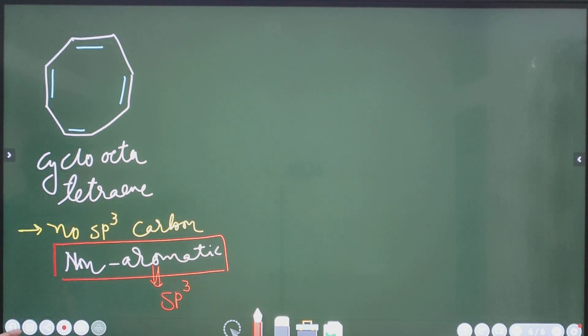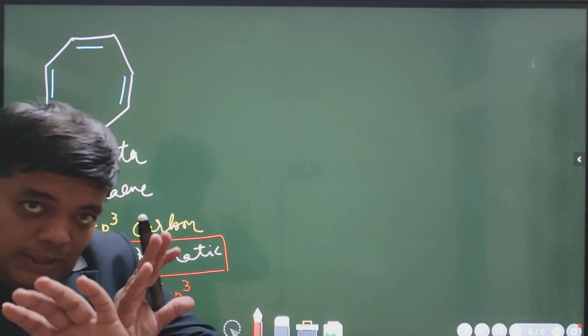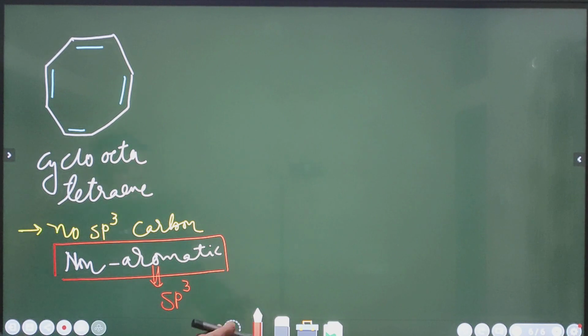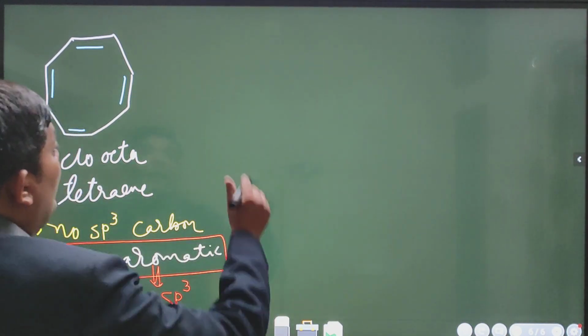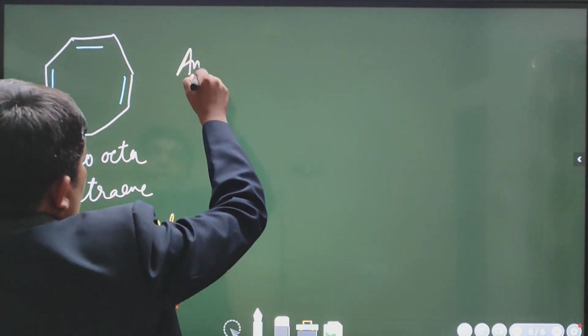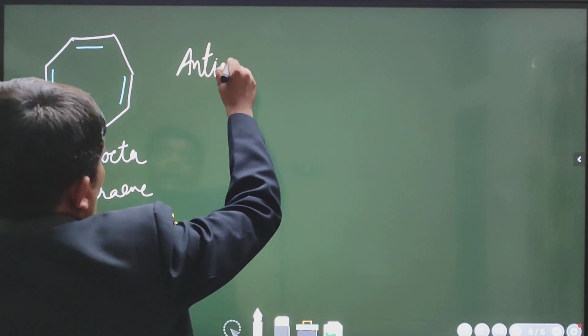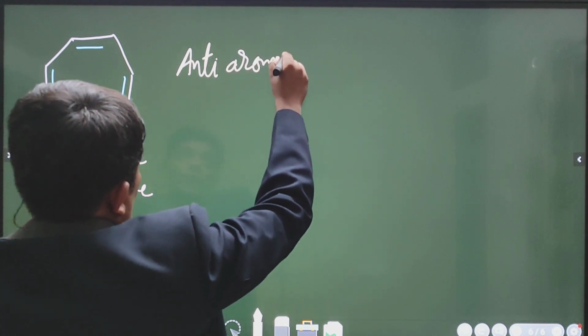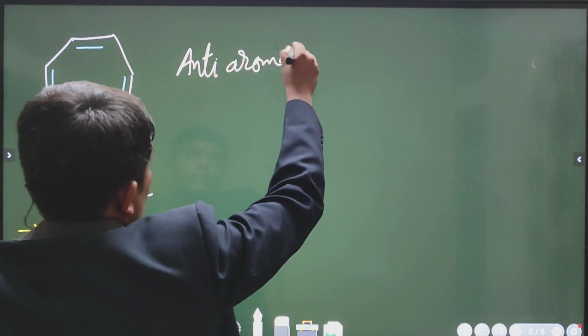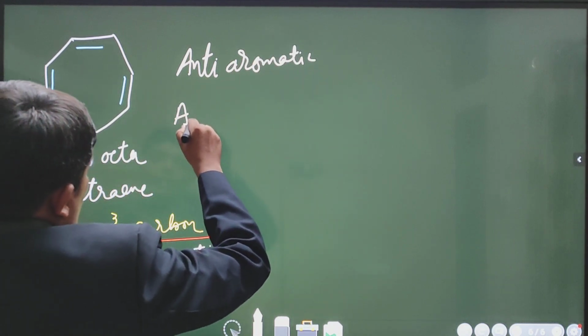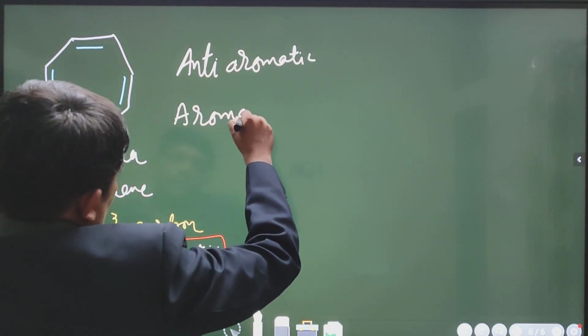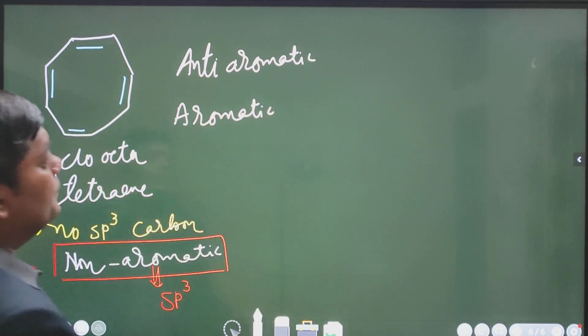So our whole attention moves away from non-aromatic, and we start thinking in the direction of anti-aromatic and aromatic only.